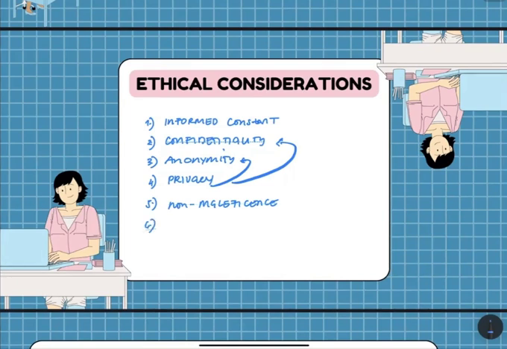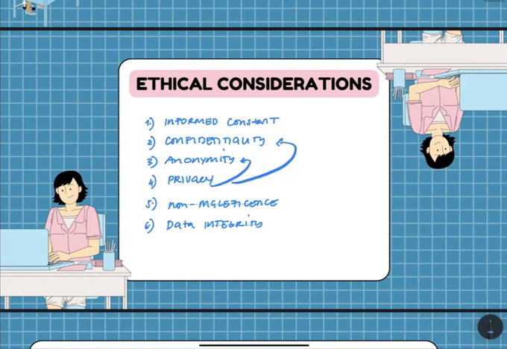And because of technology, the integrity of your report can be put at stake. So another important consideration is data integrity. What do we do with data integrity? We collect and report data accurately and honestly.